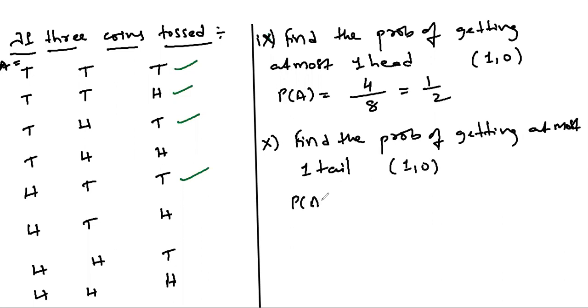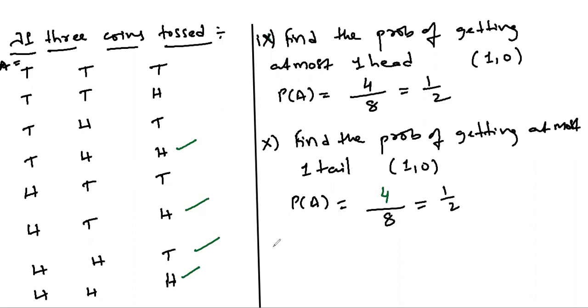Then P of A is equal to, total is 8. One tail, we'll check 1, 2, and 3. Zero tail is here, 4. 4 out of 8 is equal to 1 by 2.